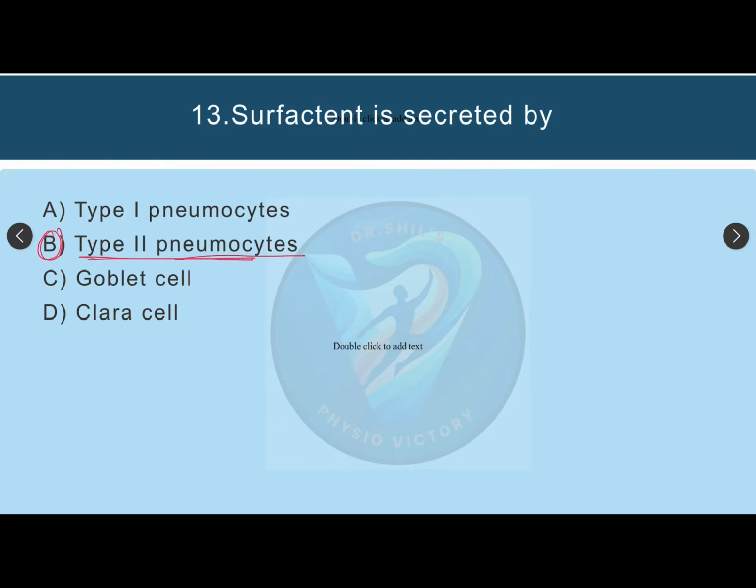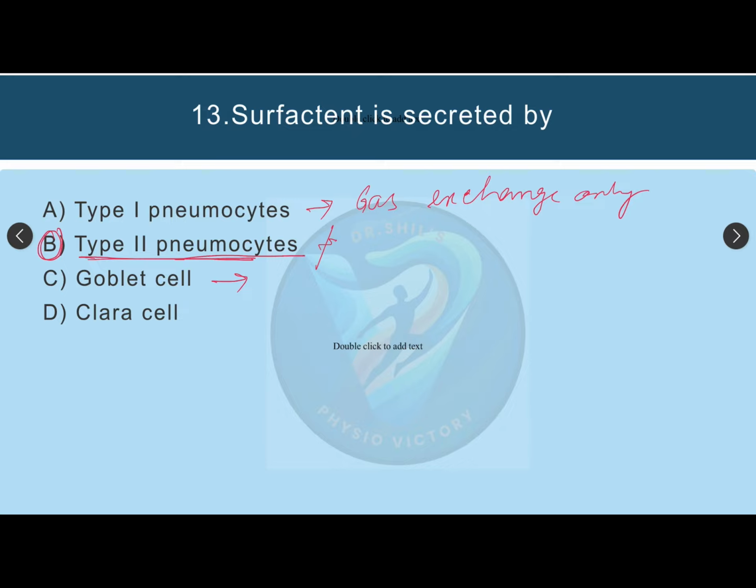Pulmonary surfactant reduces surface tension and ultimately prevents alveolar collapse, which is secreted by the type 2 pneumocytes or the type 2 alveolar cells. Type 1 pneumocytes help in gas exchange only.